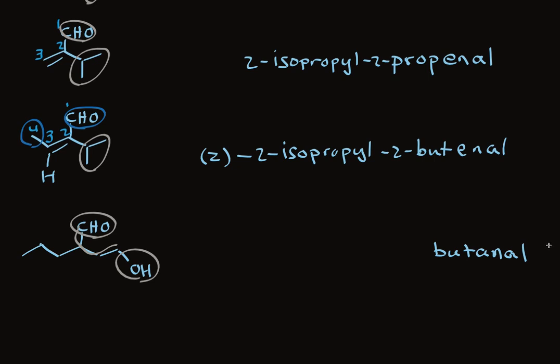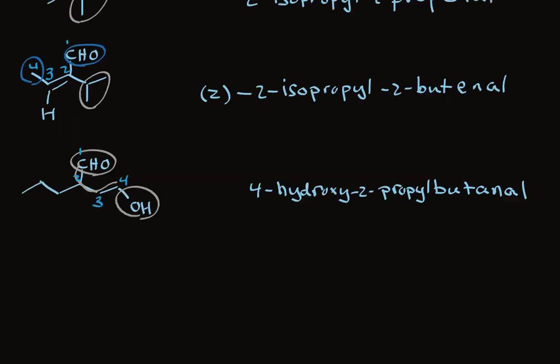So we have two substituents on that chain, a hydroxyl group and a propyl group. We'll put them in alphabetical order. We'll number the chain starting with the aldehyde carbon and put the position designators out in front of the substituents. Now there is no need for a number between propyl and butanal, so we'll close that up. 4-hydroxy-2-propylbutanal. But wait, that molecule has a stereogenic center.